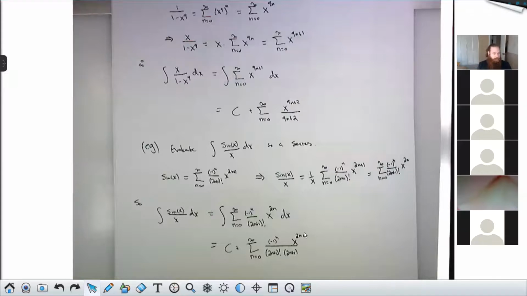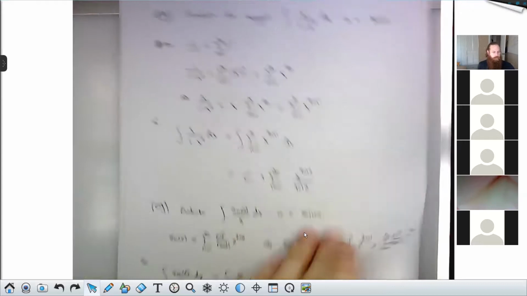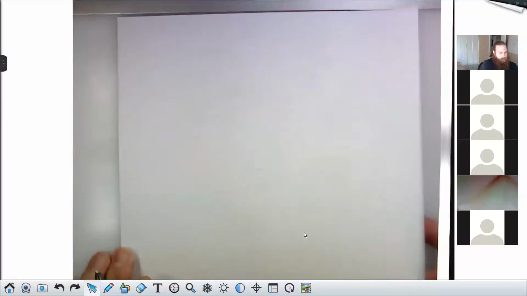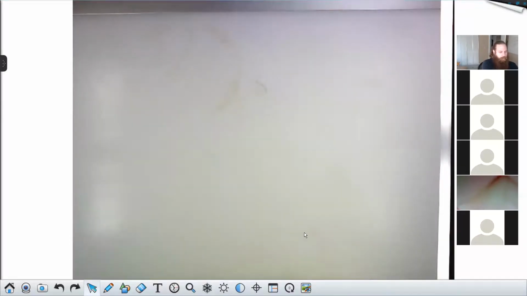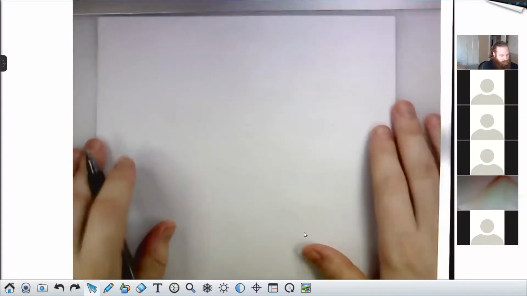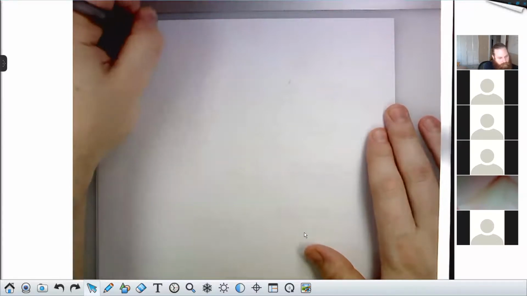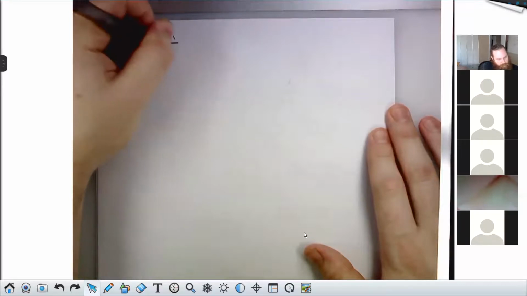Another sort of problem like this that we can solve now that previously was challenging are certain limits. So using series to help with limits is definitely a thing. Does everybody remember this limit? The limit as x goes to 0 of cos x minus 1 over x.